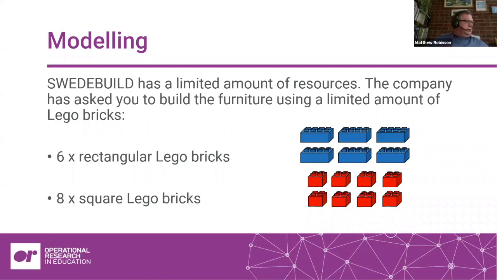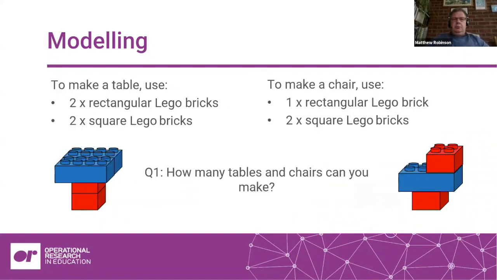Swede Build have decided that in order to build their tables and their chairs, to build a table, we're going to have 2 rectangular bricks and 2 square bricks. So in other words, a table will look a little bit, I don't know how well you can see this on the camera, will look a little bit like that. So it's got 2 of the blue rectangular ones and 2 of the red square Lego bricks as well.